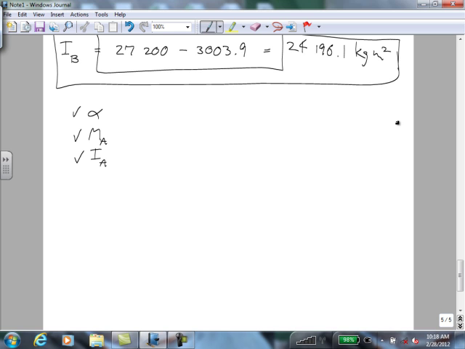Okay. So now that we've talked about angular acceleration, we've talked about moments, we've talked about moment of inertia, now we can talk about rotational Newton's second law.